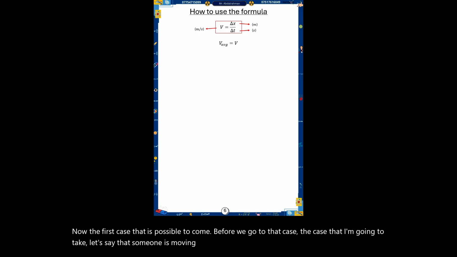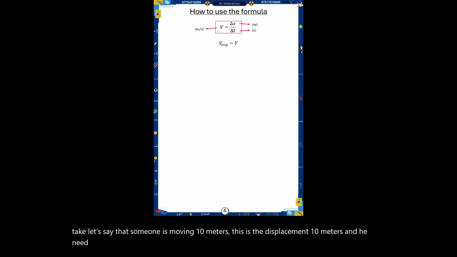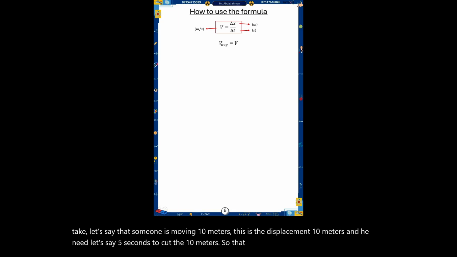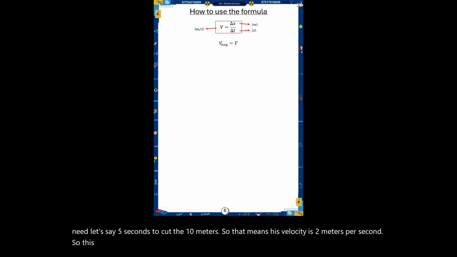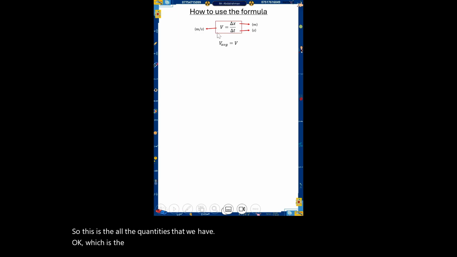This is the displacement, 10 meters, and he needs, let's say, 5 seconds to cut the 10 meters. So that means his velocity is 2 meters per second. So these are all the quantities that we have, which is the three quantities. This formula has only three quantities: velocity, displacement, and time.